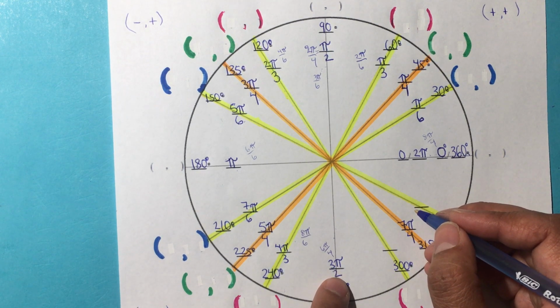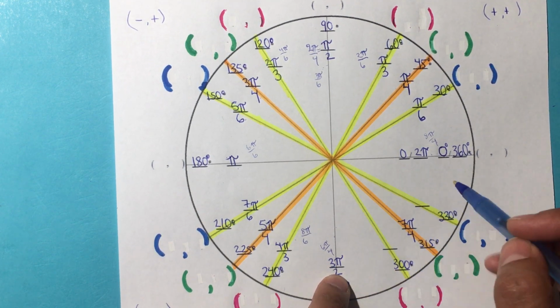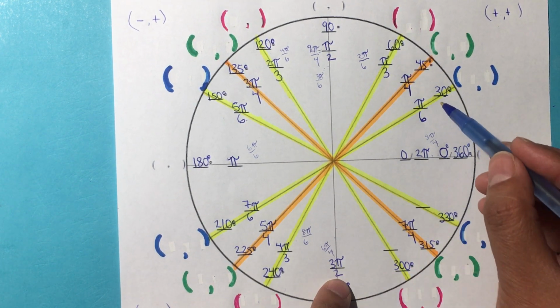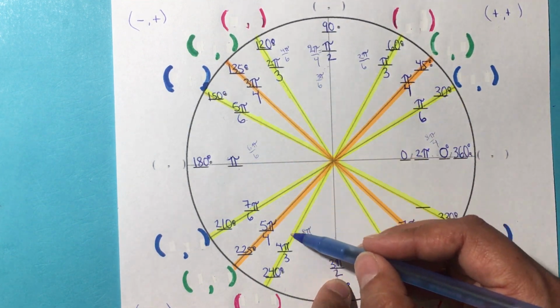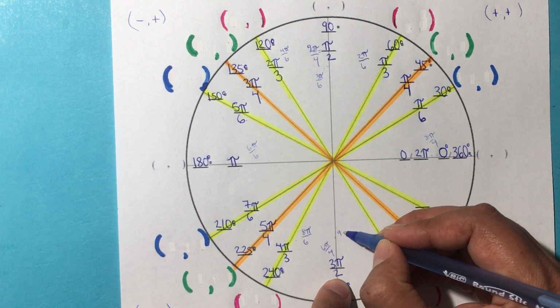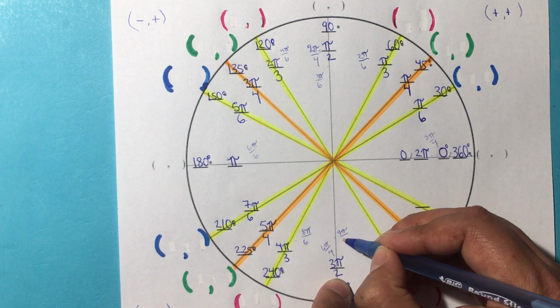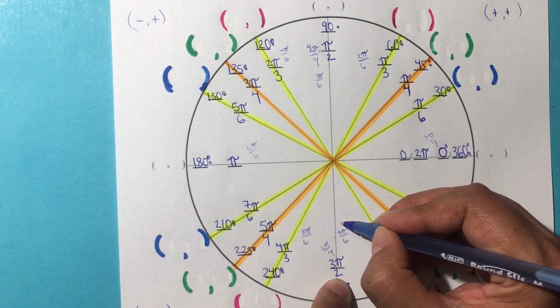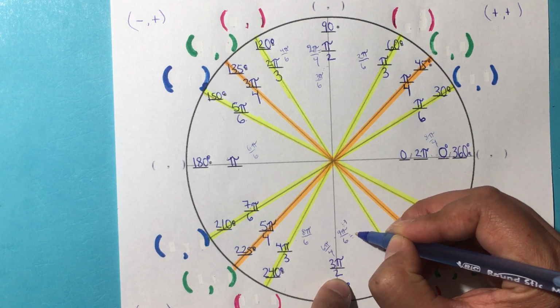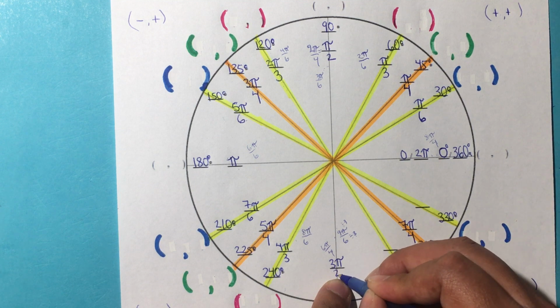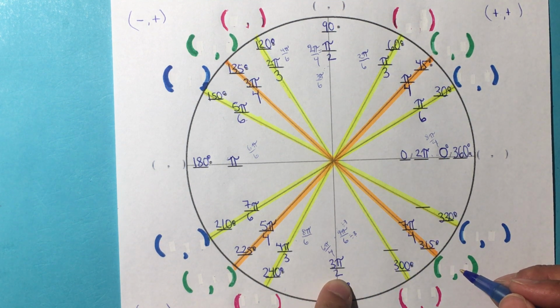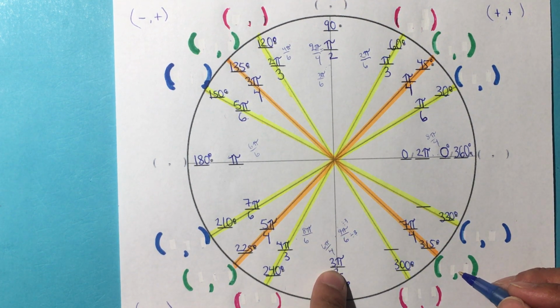For this one, it's already simplified, but see how it goes from this, comes from the sixth. So it's 1, 2, 3, 4, 5, 6, 7, 8, 9. 9 sixths. Both are divisible by 3. 9 divided by 3 is 3. 6 divided by 3 is 2. And you just bring over pi. See? From both, it can be simplified to the same.